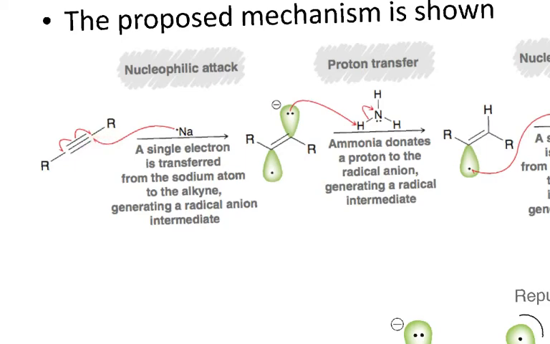And then these other half arrows represent the movement of just a single electron. So from the pi bond, one of the electrons pairs with the electron from the sodium to make a lone pair on this carbon, and then the other electron from the pi bond moves to the other carbon, and we form a radical, right? We have an unpaired electron.